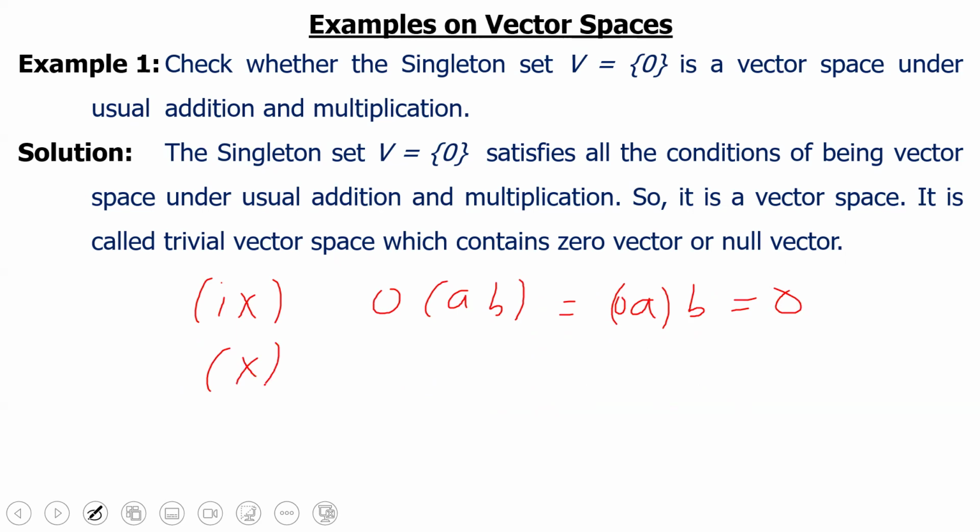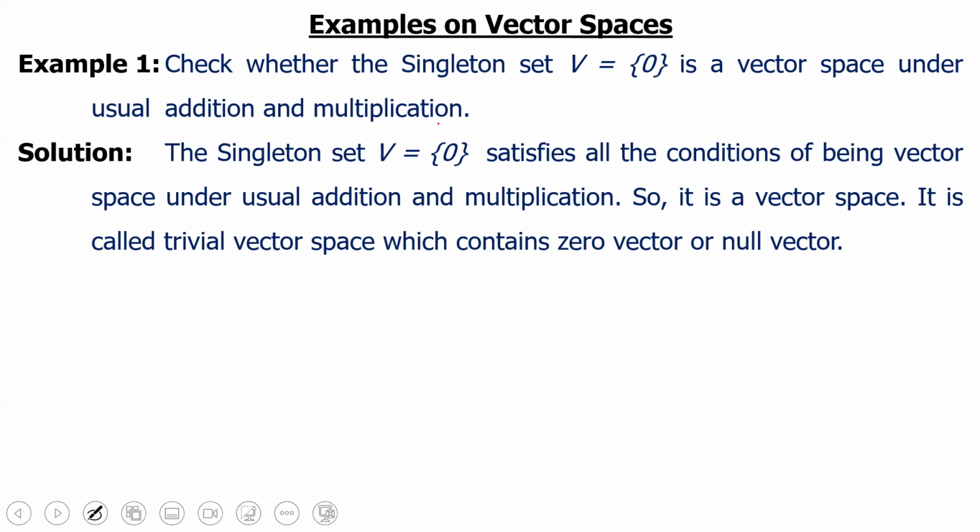And the 10th property, 1 times 0 is equal to 0. So all the 10 properties of being a vector space are satisfied by the singleton set {0}. Therefore, it is a vector space under the usual addition and multiplication.